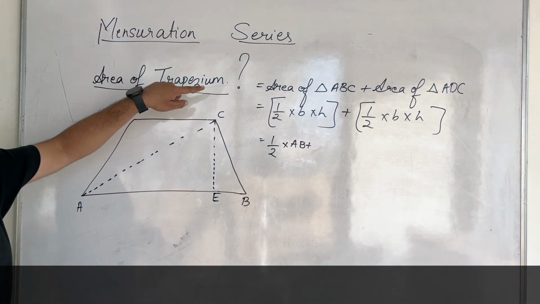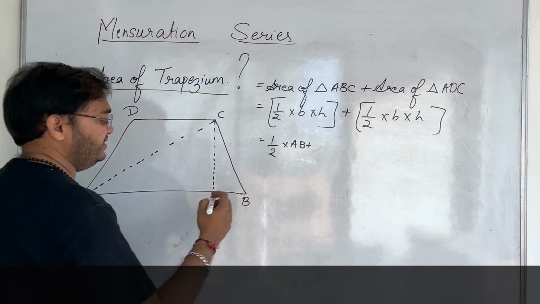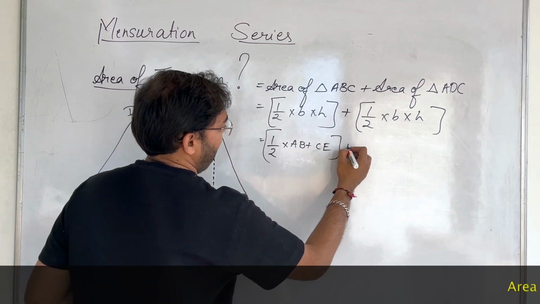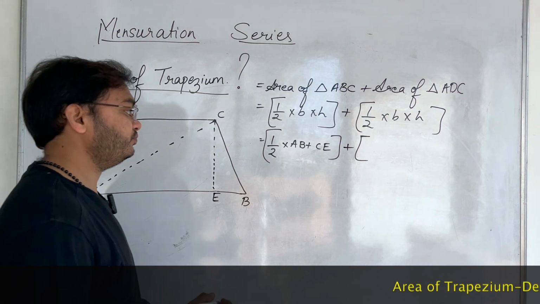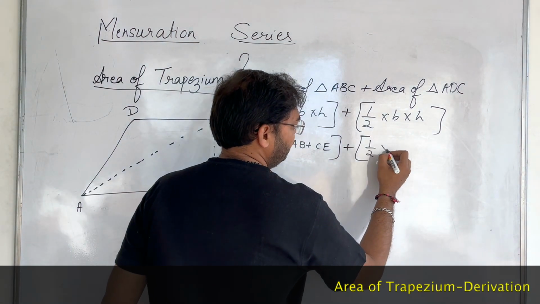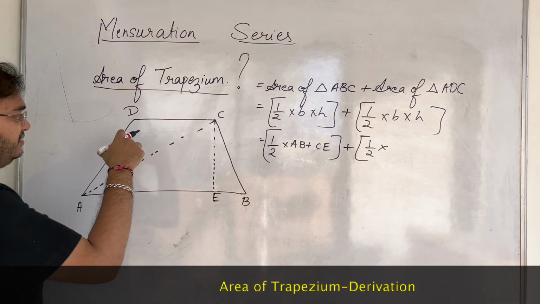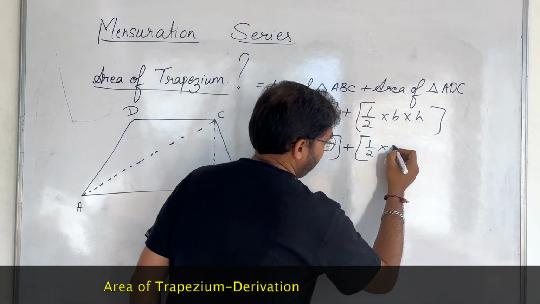The perpendicular line which I dropped from C to AB, that is known as my height, that is CE. Plus, when I come to the next triangle, ADC, half remains half. In this triangle my base will be DC, so I'll write DC here.